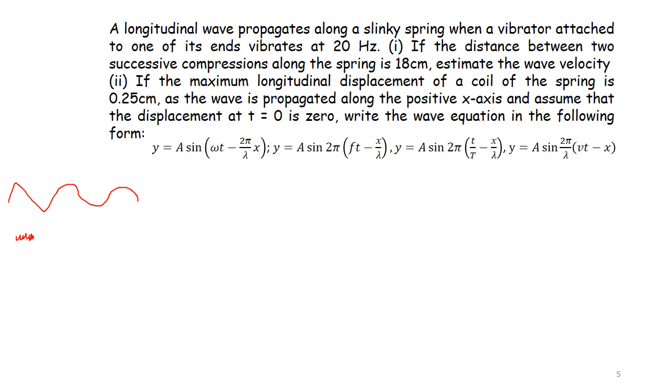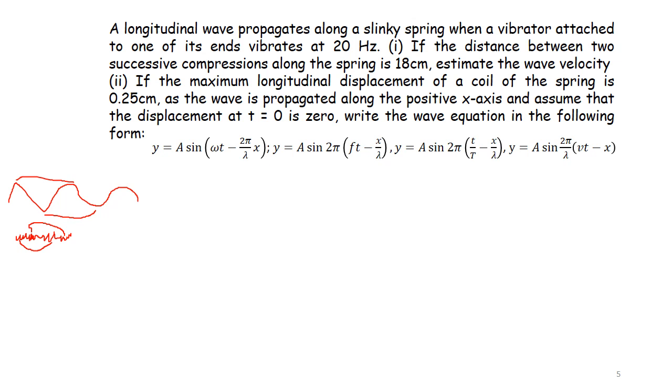You have compression, then you have rarefaction, then you have compression. So the distance between two compressions or the distance between two rarefactions is like the distance between two crests or the distance between two troughs. So in that case, we also refer to it as one lambda, one wavelength.